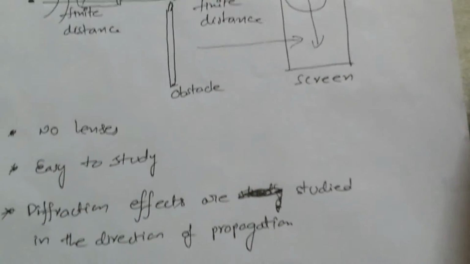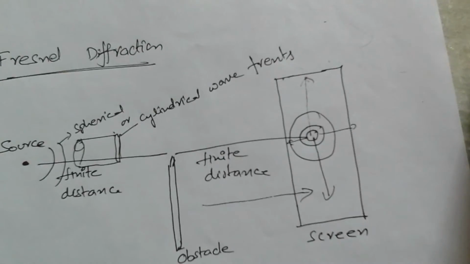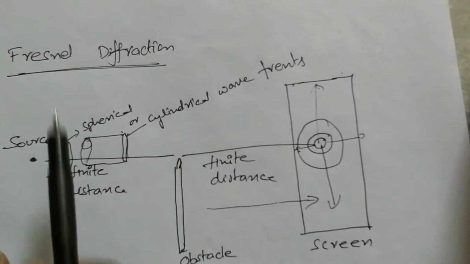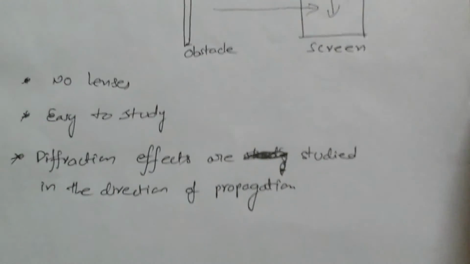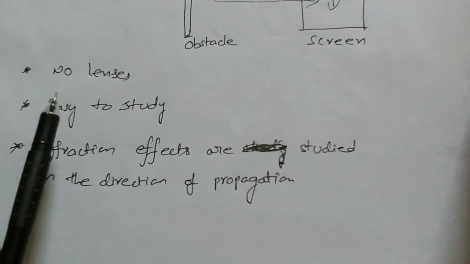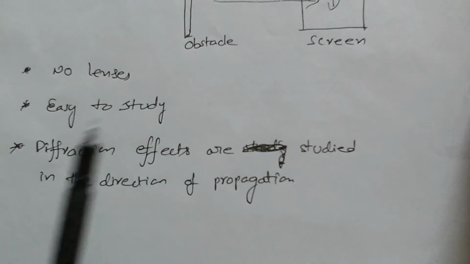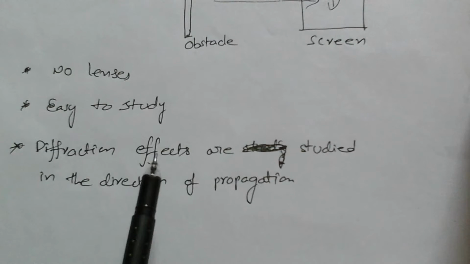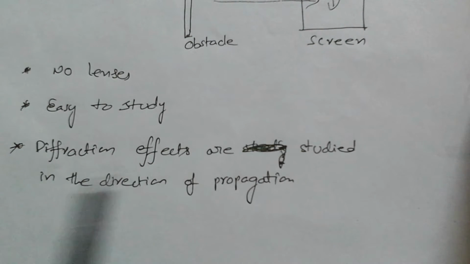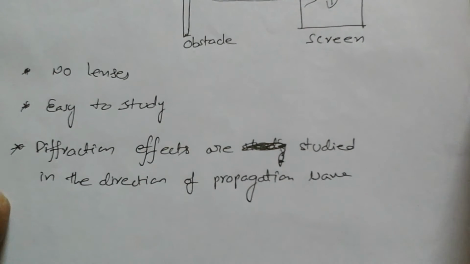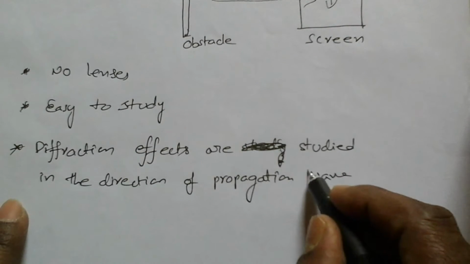Some important points of Fresnel diffraction are: in this diffraction, no lenses are used. Easy to study. Diffraction effects are studied in the direction of propagation of the wave.